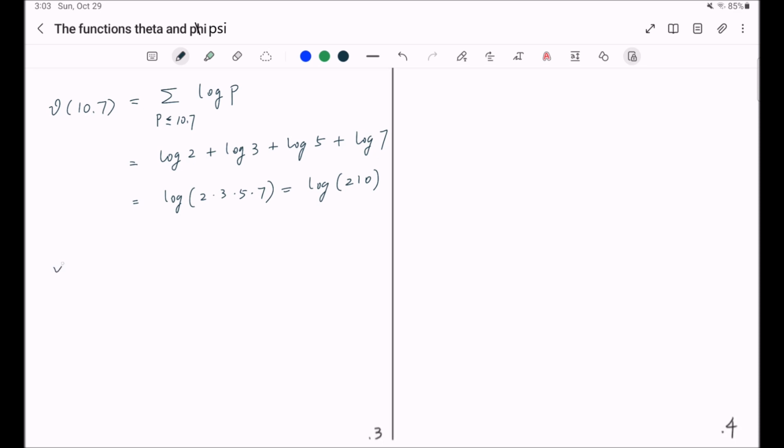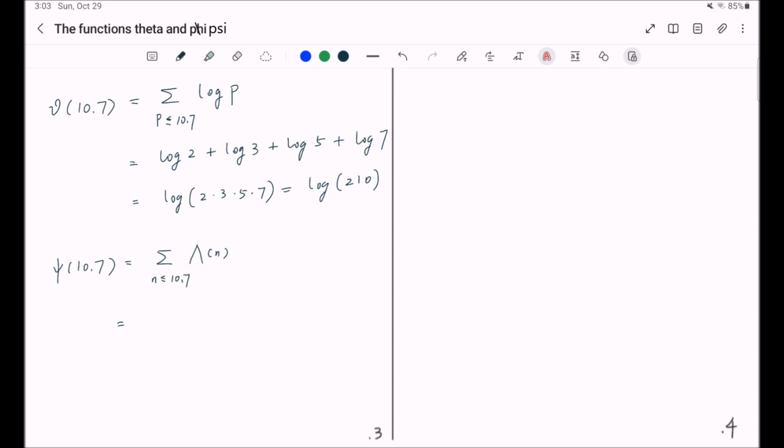And now what about psi of 10.7? To compute this, we first write this as a summation of lambda of n for n less than or equal to 10.7. And now we look at what are the powers of primes less than or equal to 10.7.